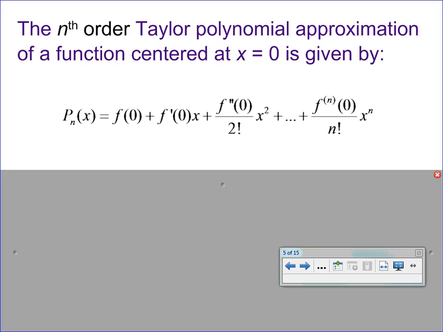The Taylor polynomial will just be an approximation of the function. So the key is that you evaluate the nth derivative at x equals 0, divided by n factorial, times x to the nth power. That's the generalized term.